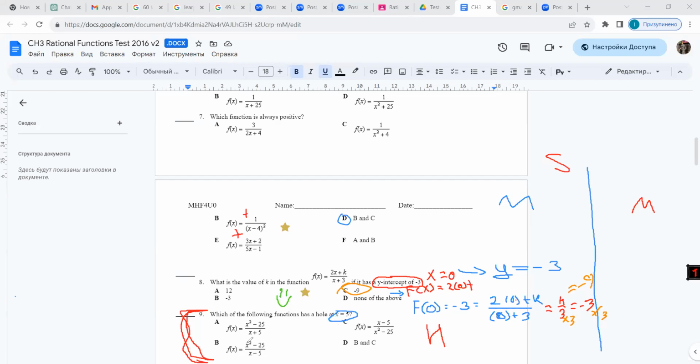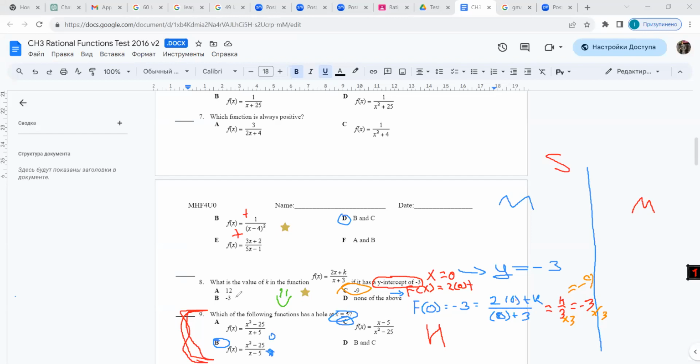And in this question, B as well as C works, because if you substitute 5 into B or C, you get denominator and numerator equal to 0, which gives us an undefined solution.